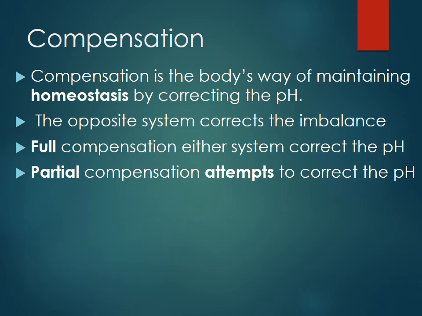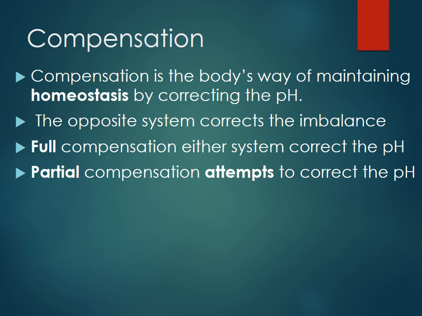If the acids are more than the base, you have a decrease in base and a decrease in pH, which is the definition of metabolic acidosis. The lungs will attempt to increase the pH by eliminating CO2. And the only way we get rid of CO2 is by breathing it off, so ventilating. So they will hyperventilate.